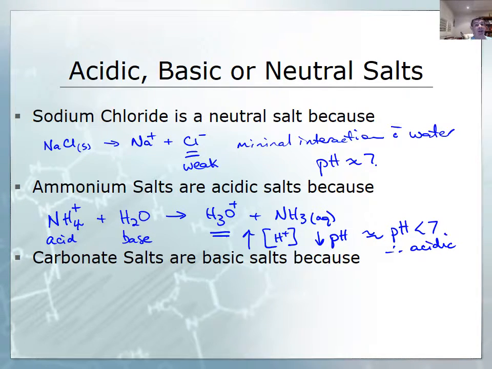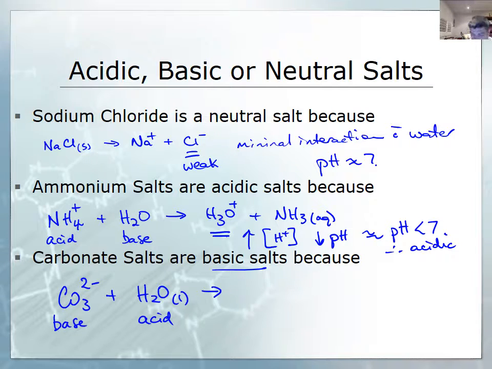A carbonate salt, on the other hand, is a basic salt. Can you show that it's a basic salt? Well, carbonate ions, CO3 2- ions, will interact with water molecules in such a way as to make the water behave like an acid. They will behave like a base.